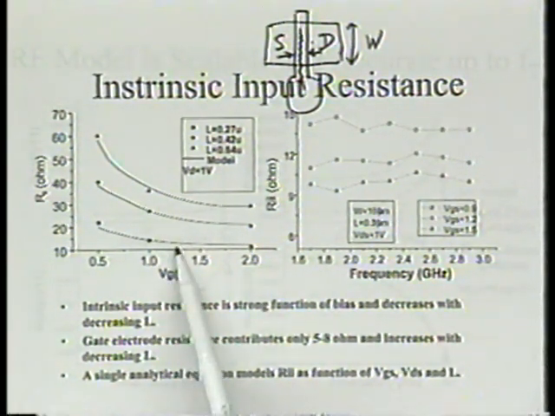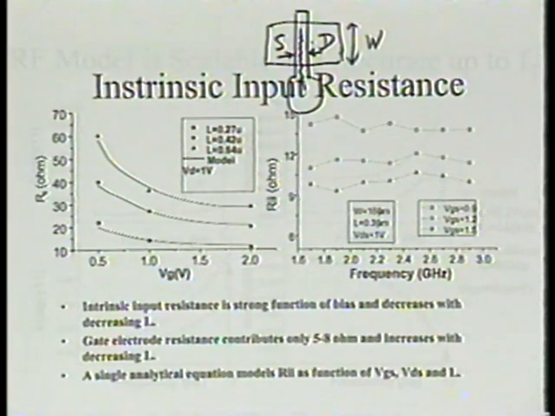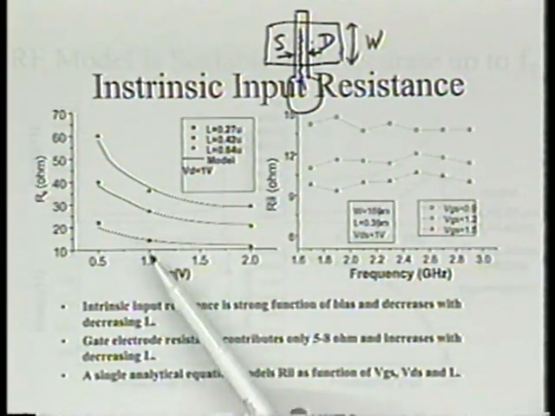Smaller. And that's the only reason why shorter channel lengths give us better RF performance. That's the only reason, I'm sorry, because the intrinsic fT already is a function of the channel length. We want a smaller channel length.